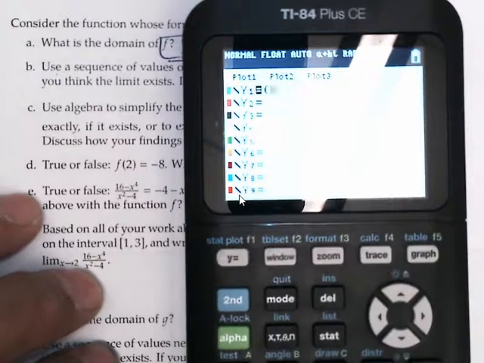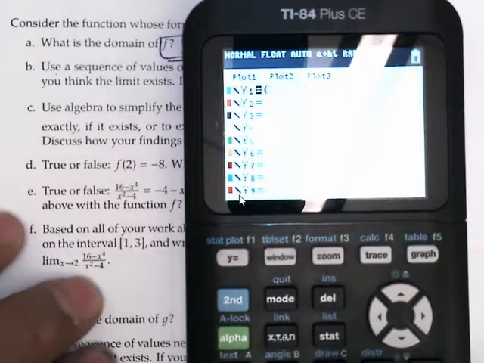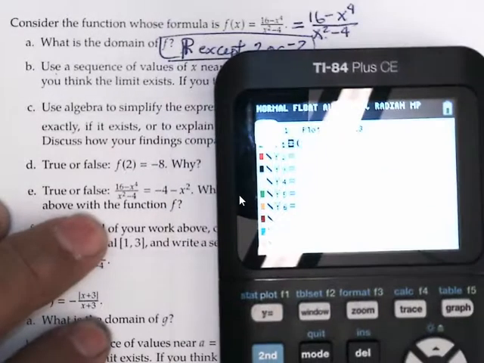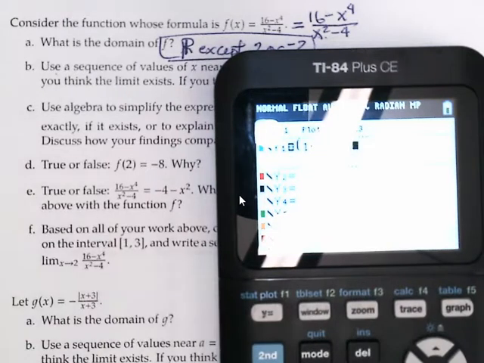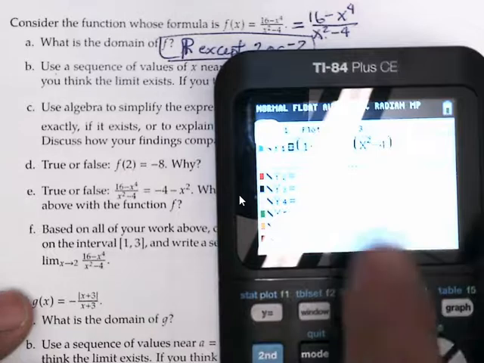So I have a numerator of 16 minus x squared, divided by the quantity x squared minus 4, close parenthesis, and we're going to put numbers in.